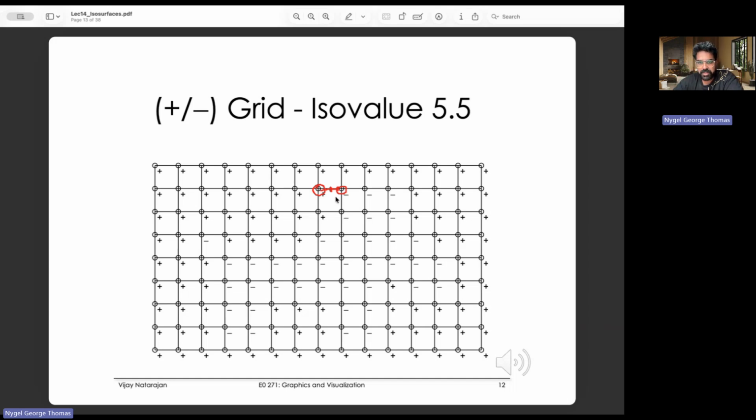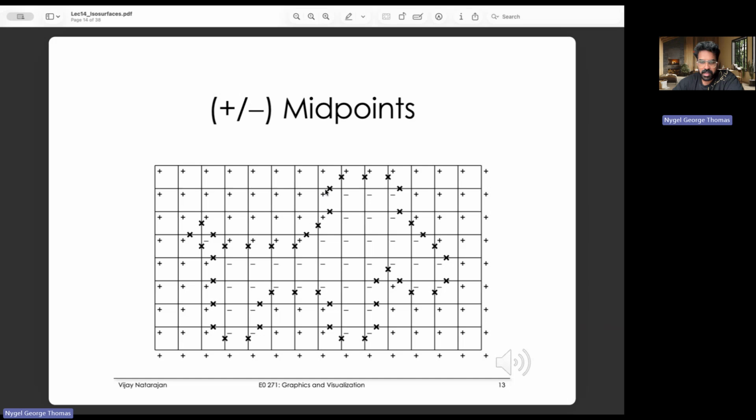So we do an approximation where wherever there's an edge which has a change, we mark their midpoints as the corresponding ISO points, which is kind of an approximation, not exactly. So in this case also we're looking at 5.5 anyway. Okay. Now we have marked all the ISO points.